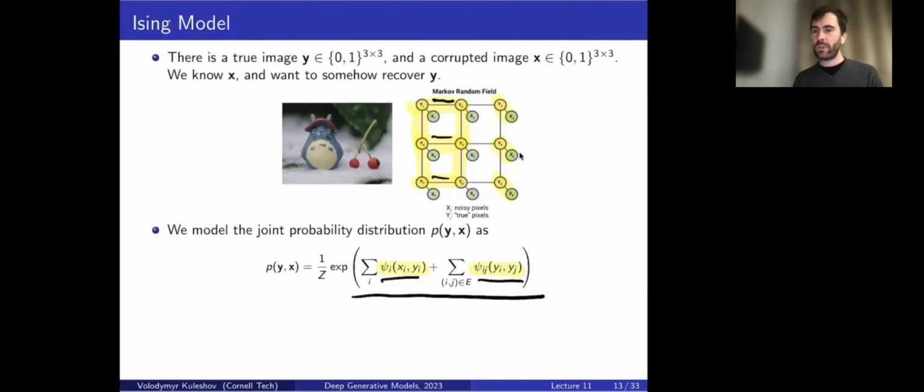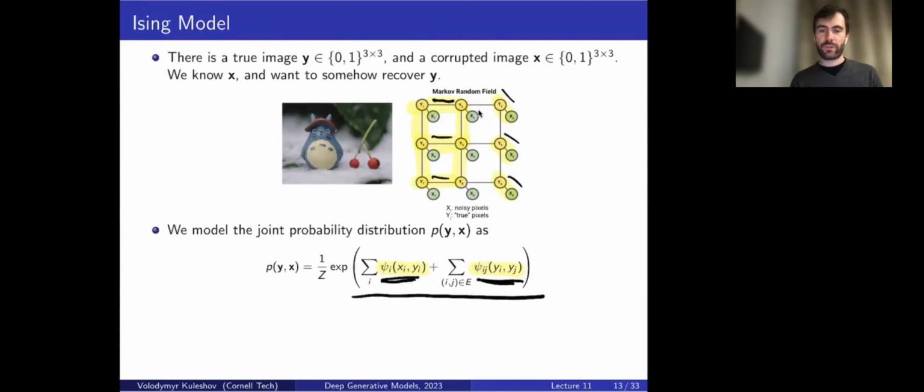And that's because in an image, neighboring pixels tend to have similar colors. So neighboring y's should be similar, and then these y and x's should also be similar. So I will choose an energy where similar x and y's are encouraged, and similar yi and yj's are encouraged.